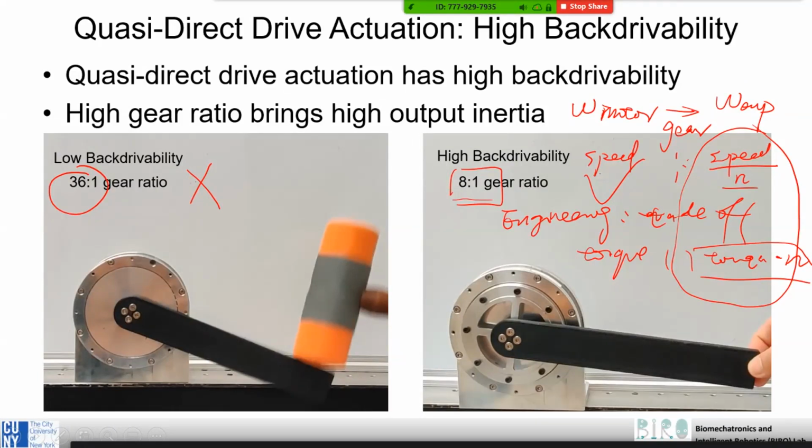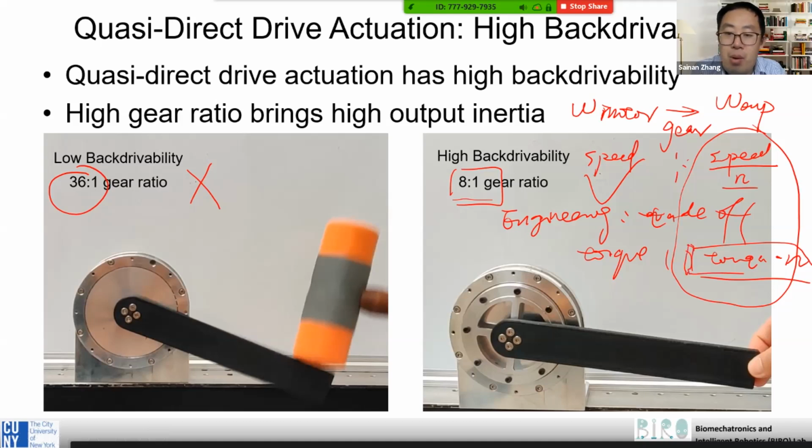Is it less torque? Yeah, less torque, right? As I mentioned, even though our motor has higher torque than a conventional motor, it's still limited by the torque capability. Our motor can generate 2 Newton meters. But as I mentioned, a human ankle needs about 120 Newton meters. So typically we need a 60:1 gear ratio.